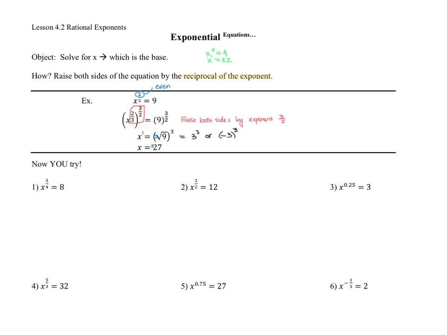Okay, so let's go over a few examples. And again, anytime you want to pause the video to try an example on your own, please feel free, and then you can start playing the video again to check your answers afterwards.